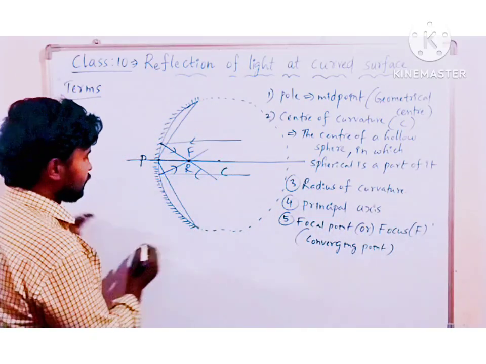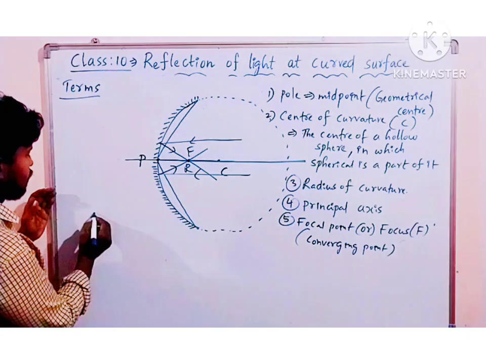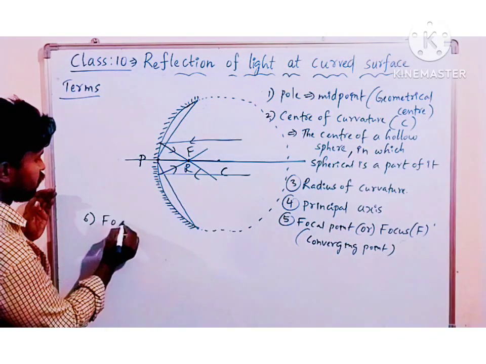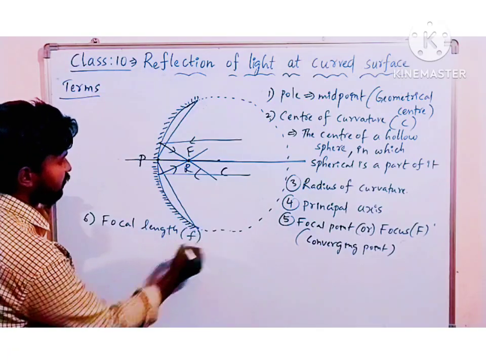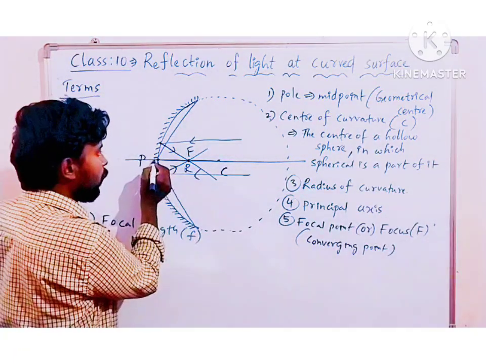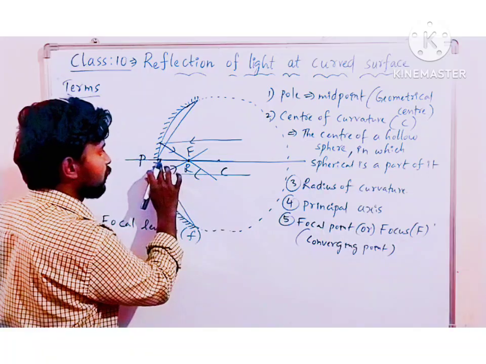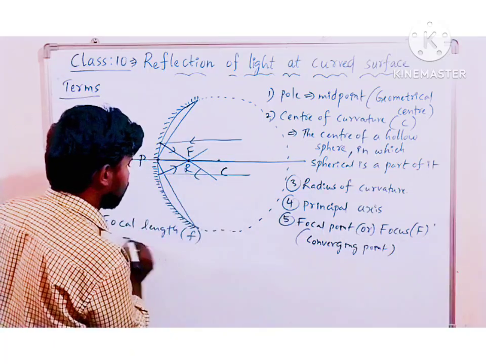Next terminology is the focal length. What does focal length mean? It is denoted by the small letter f. The distance from the pole to the focus is called the focal length.